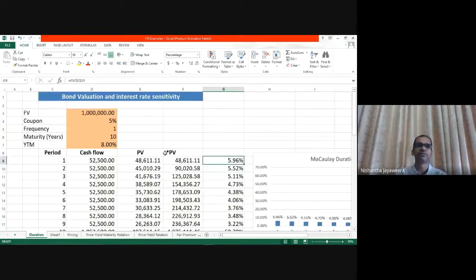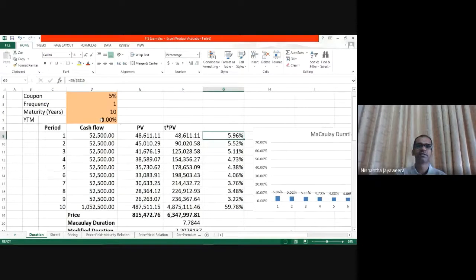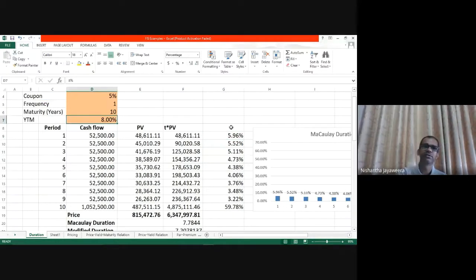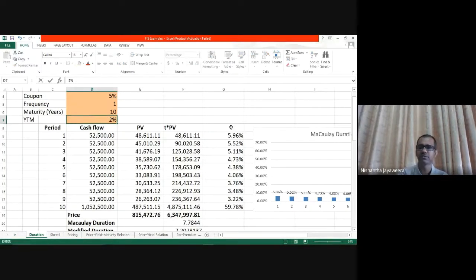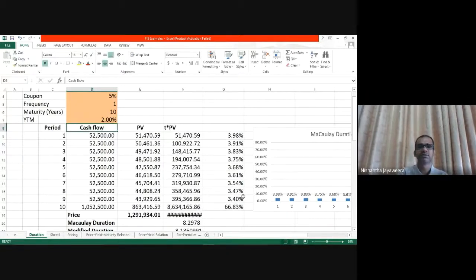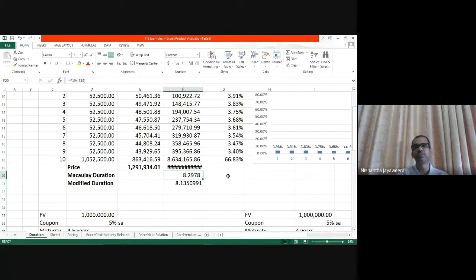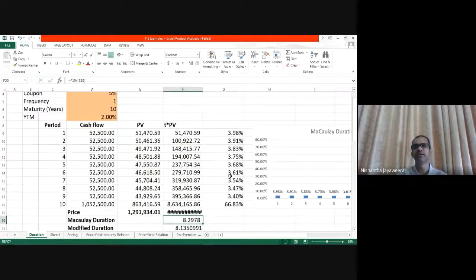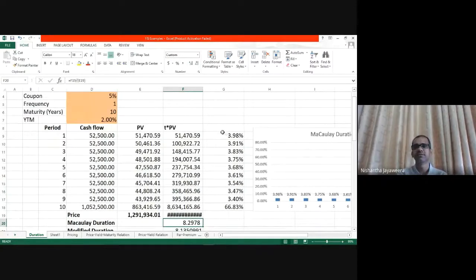But what would happen if we decrease yield to maturity, say, to 2%? Duration increases to 8.29, and you can see the contribution from these cash flows decreases.